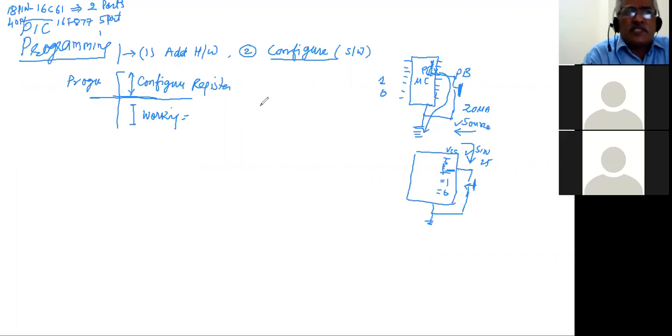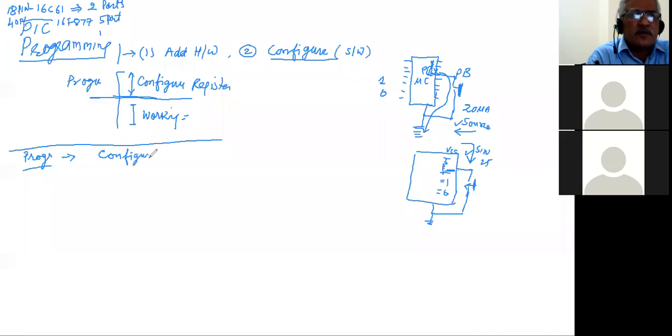So now with this background, let's see how we can start writing a program. Let's say we want to configure some port, any port, whether it is port A, port B, port C, port D, or whatever is there.